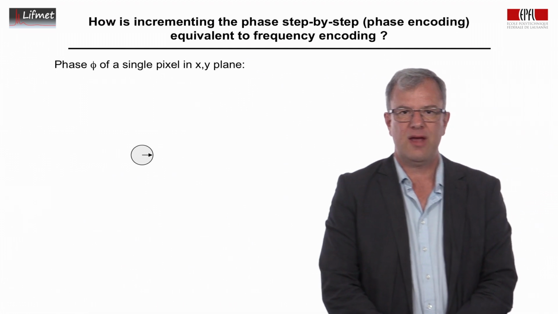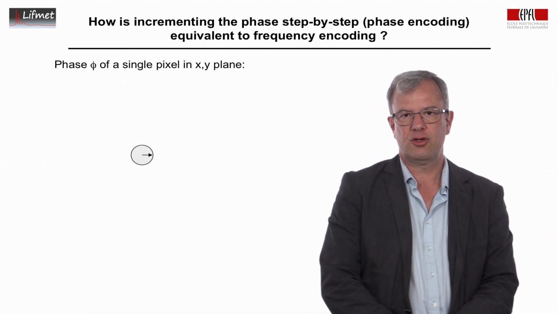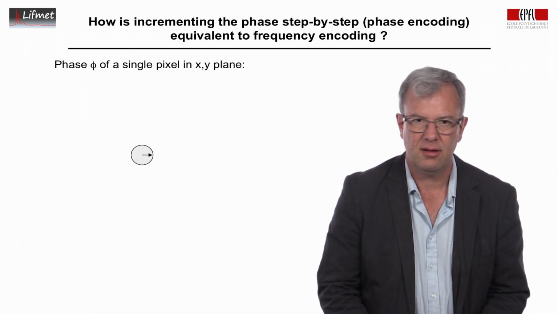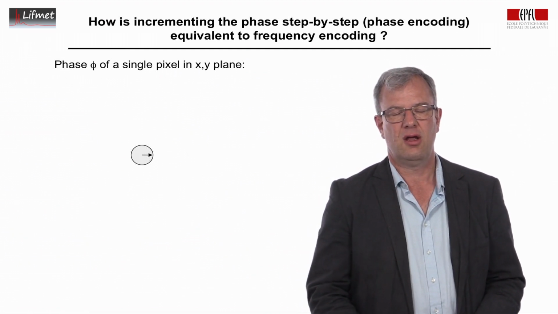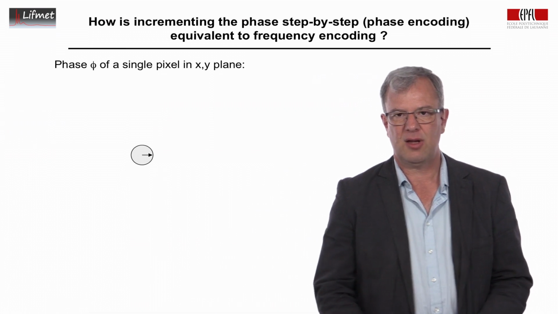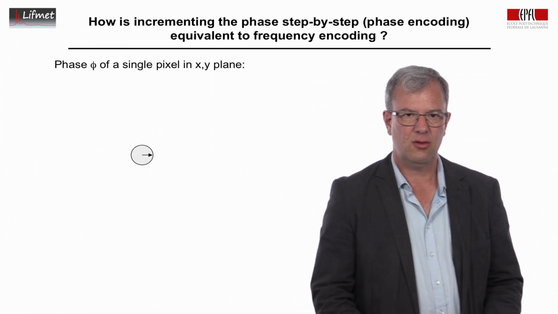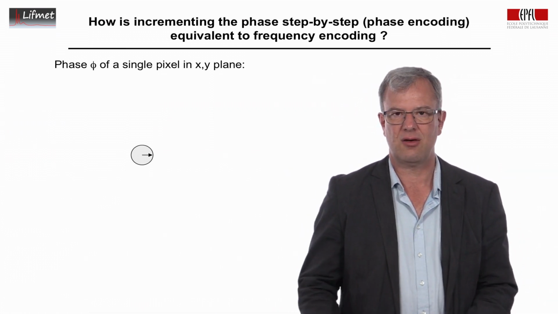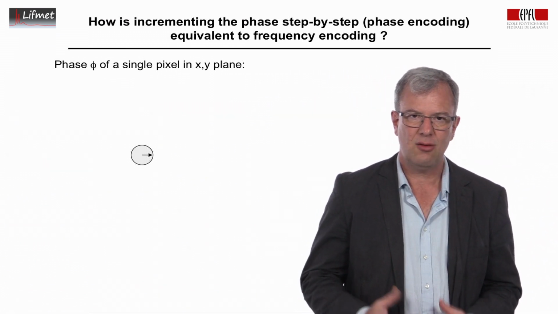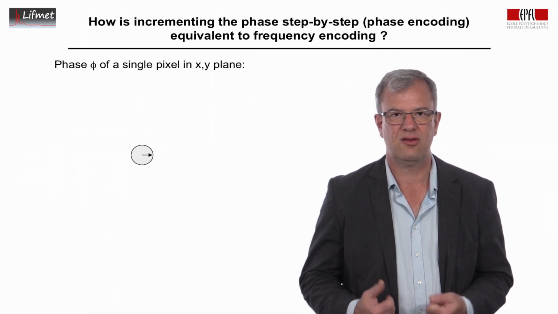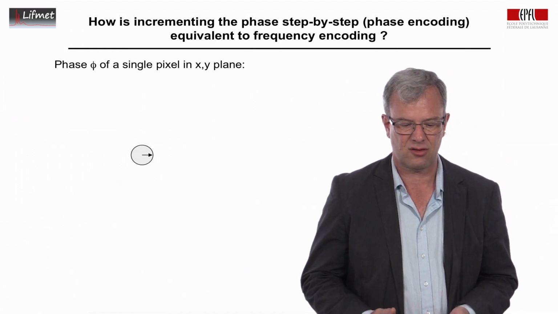Okay, so we have seen that applying a gradient for a short time along y in the phase encode direction produces a phase twist according to the position in y. And then applying the gradient along x induces precessional frequencies that are being recorded that depend on the position in x. And now, how can we understand how this generates the necessary information for image reconstruction?